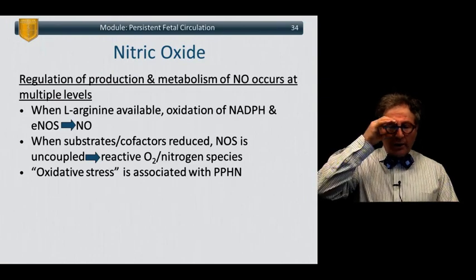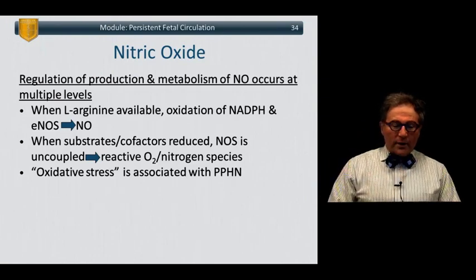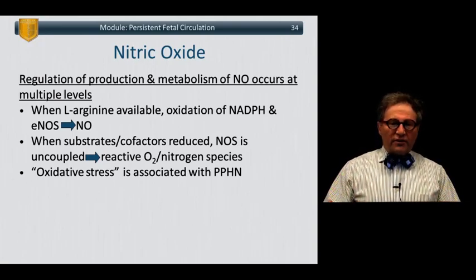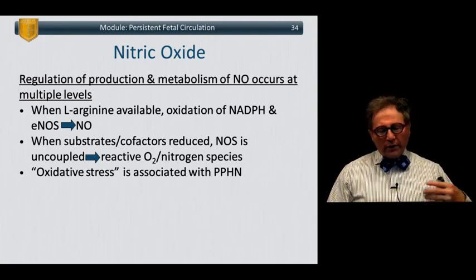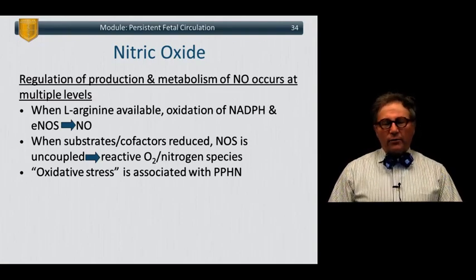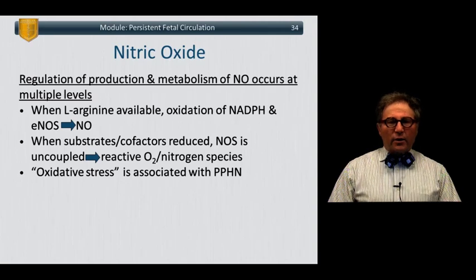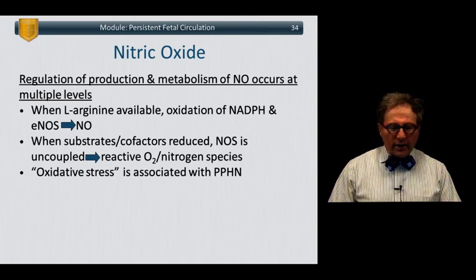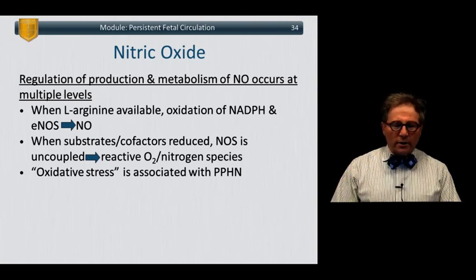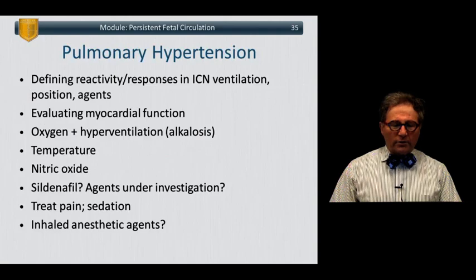Now, nitric oxide is important in that it facilitates this reduction in pulmonary vascular resistance, but in the presence of an oxidative stress, where reactive oxygen species are produced, we can override this effect, and despite all the pulmonary vasodilators that may have been released, have a persistent fetal circulation situation that is unresponsive to nitric oxide.